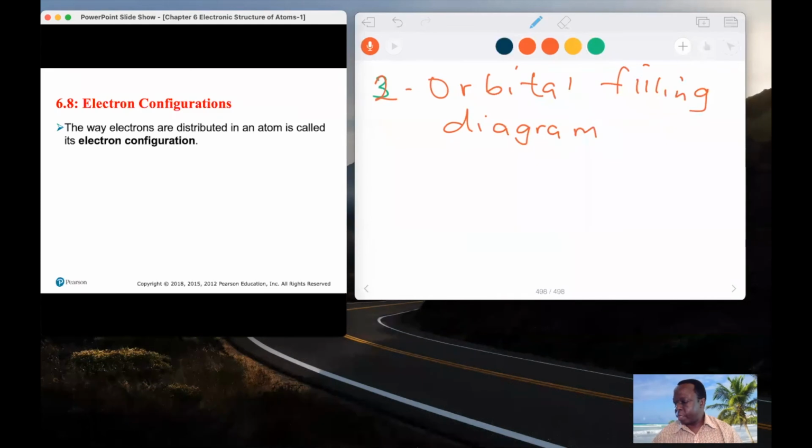you'll be given this 1s, 2s, and then 2p. Look at 2p. 1, 2, 3, and then 3s.